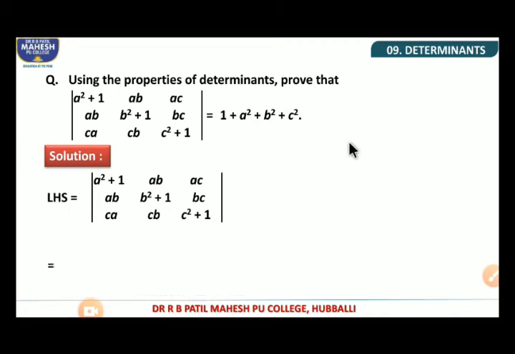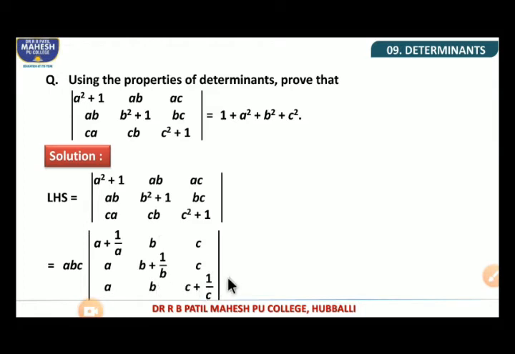We get abc outside, so that the first row becomes a plus 1 by a, because we are taking a common, and then b and c. Similarly we can take b common from the second row, so we have a, b plus 1 by b, and here c. Next we can take c common from the third row, we have a, b, c plus 1 by c.